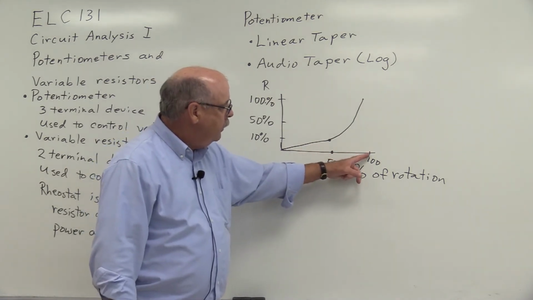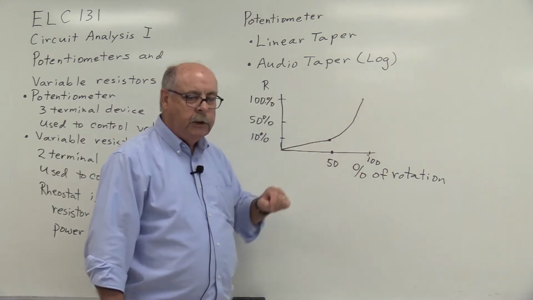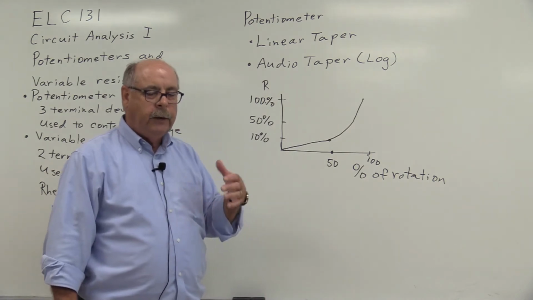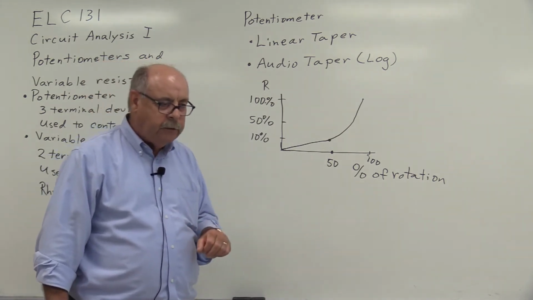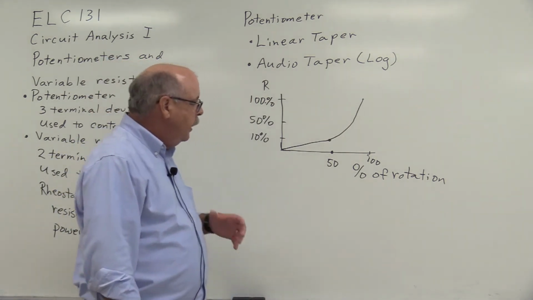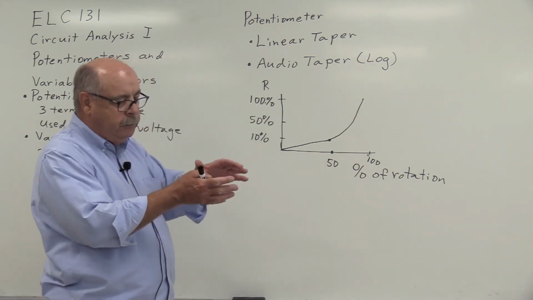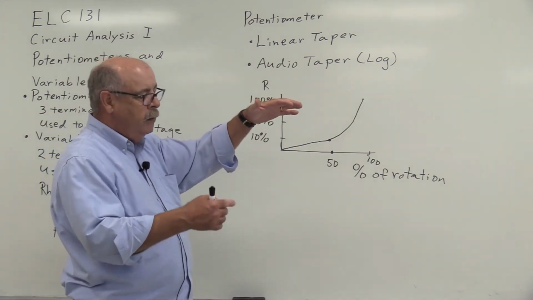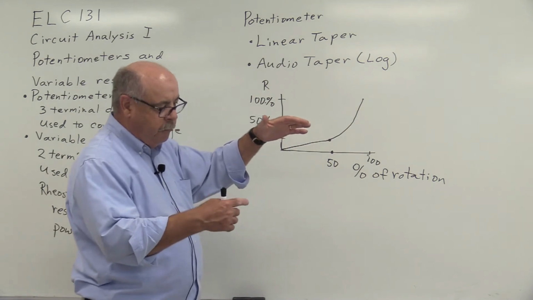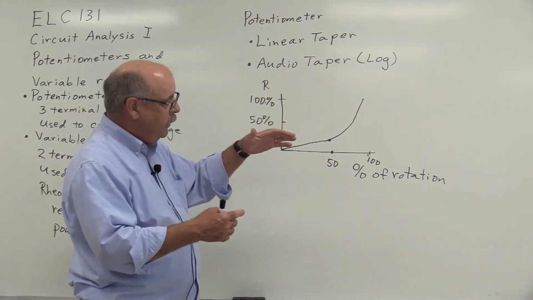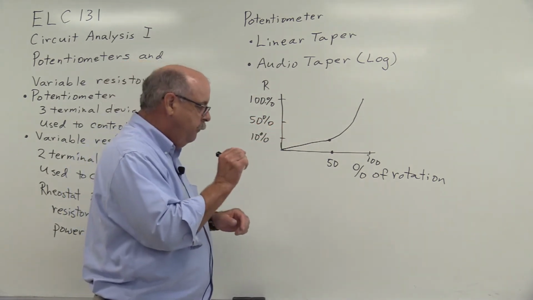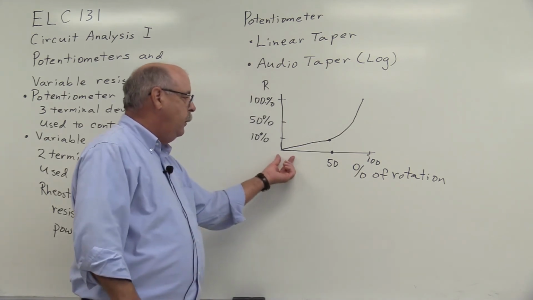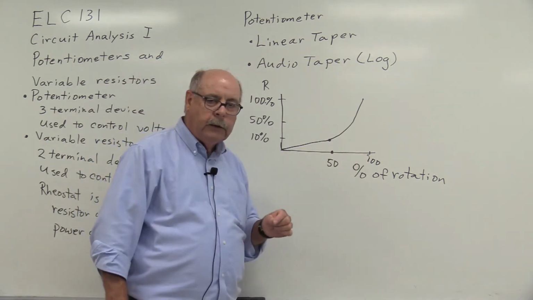At loud volumes, we have a much larger change in resistance. Therefore, we get a greater change in volume. And they do this by changing the spacing of the turns of wire on the potentiometer, so they're further apart at the low end and closer together at the high end.